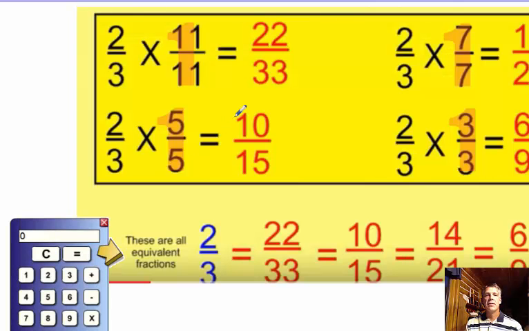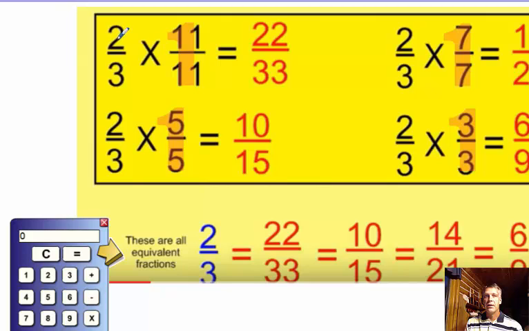So now let's take that identity concept and bring it into equivalent fractions. Let's start with 2/3. All these multiplication problems start with 2/3. So if I take 2/3 times, and you see my little red 1 here, the identity, 11 over 11.